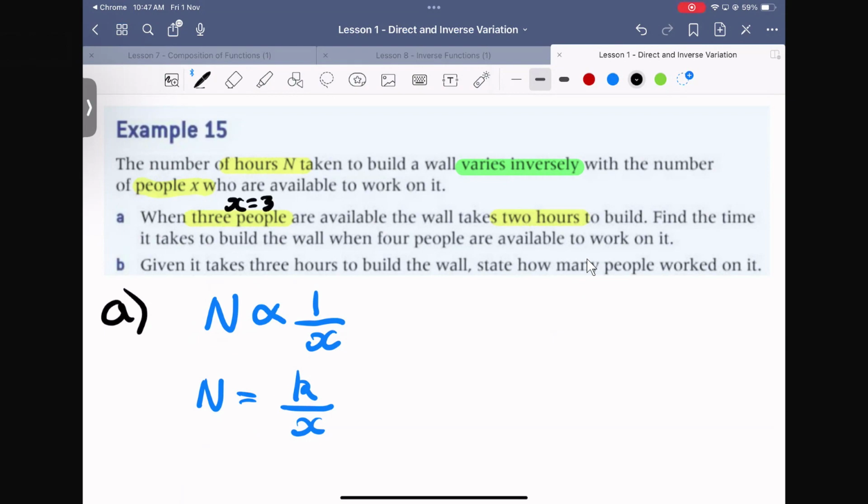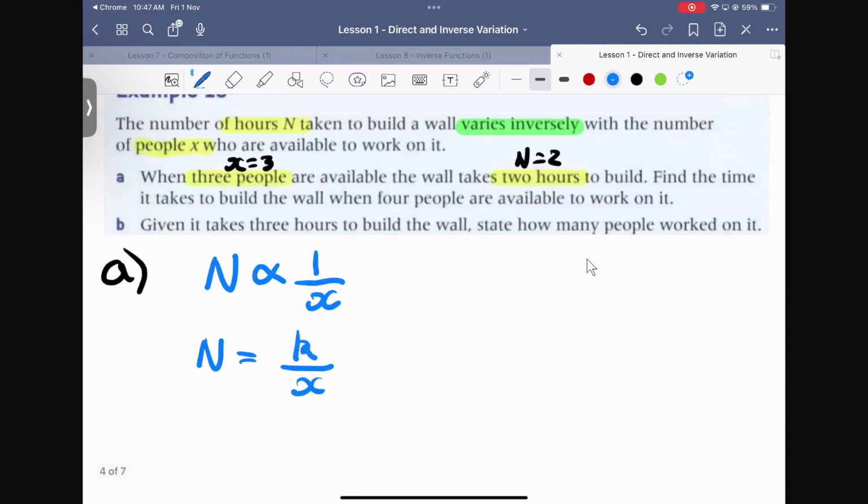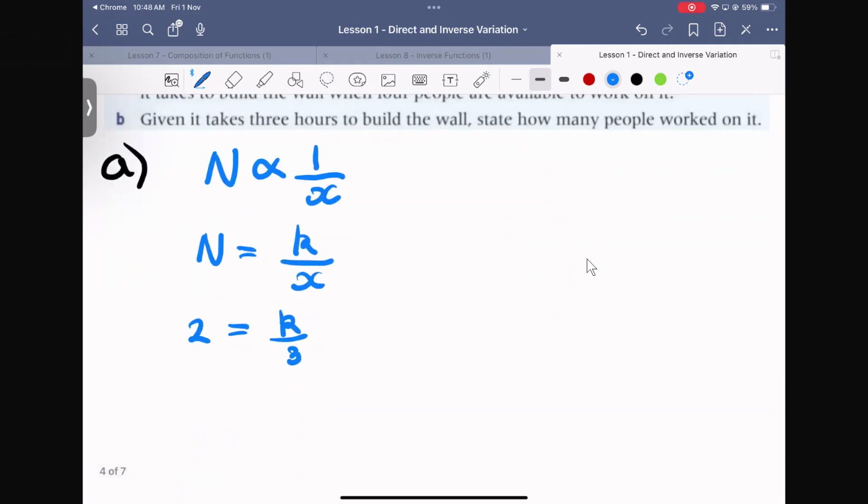The 2 hours to build, is that an N or an X? That's an N. So this is N equals 2. So we can insert those into our equation and find that 2 is equal to K over 3. What's the value of K? K is our constant of proportionality.